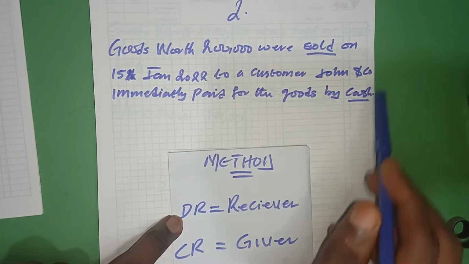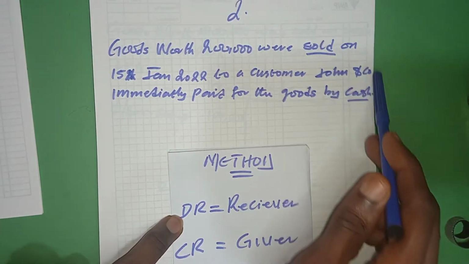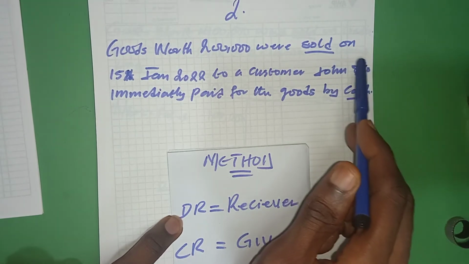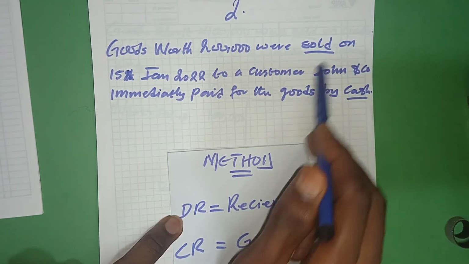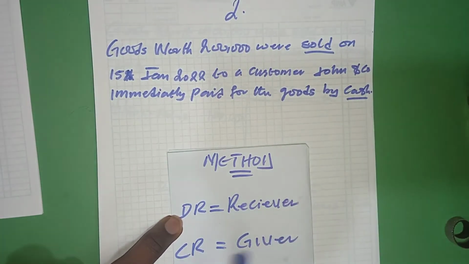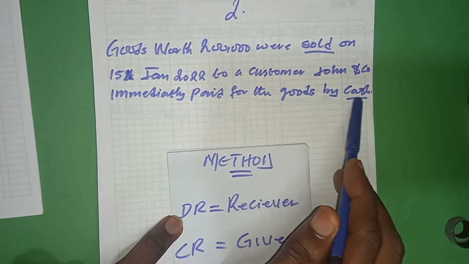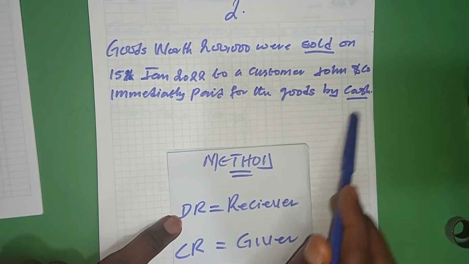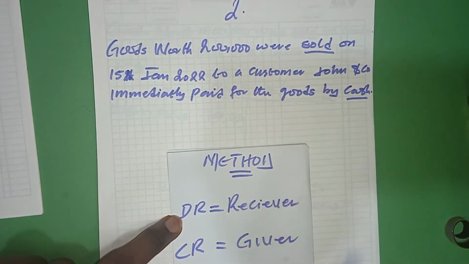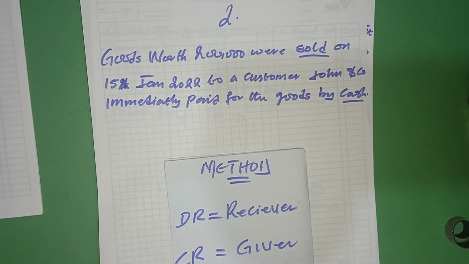If the sales was on credit, then Mr. John would be receiving, and we would debit Mr. John. But since he paid by cash, we are going to debit cash and credit sales, because our cash is increasing now.